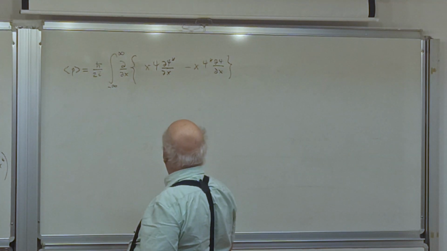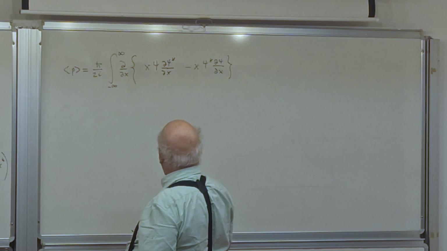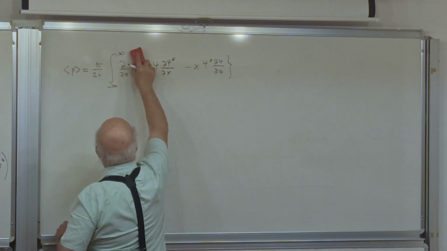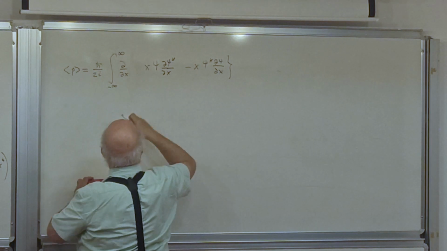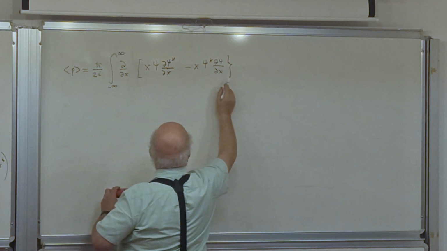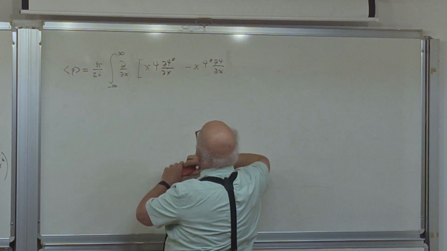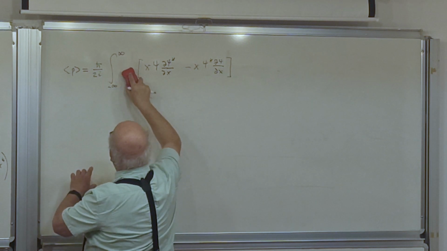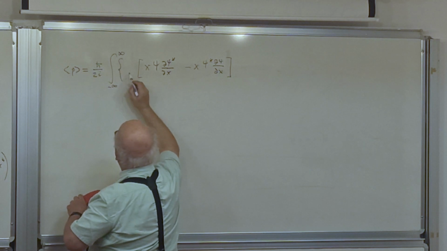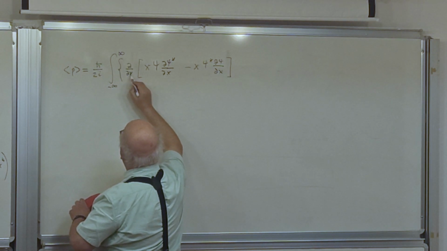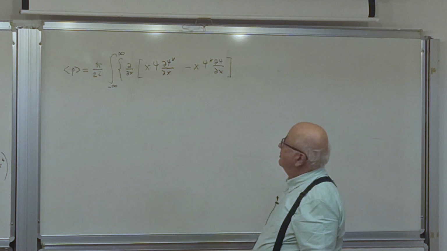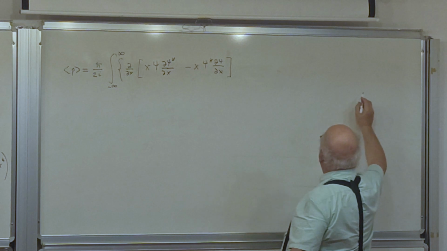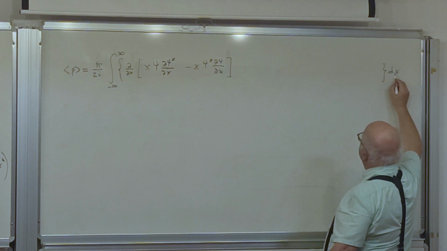Let me change the brackets because I want a bigger bracket outside. So this is the first term, del del x, and eventually there will be a dx somewhere over here.